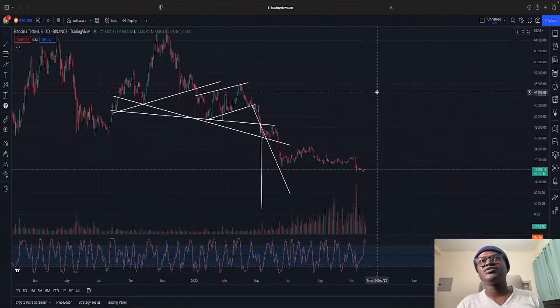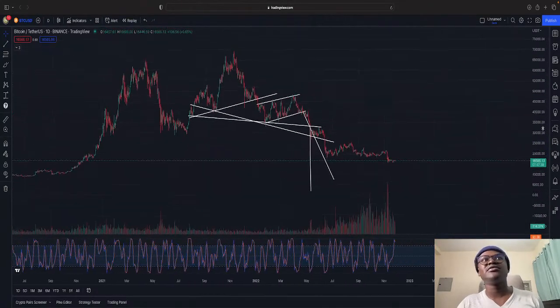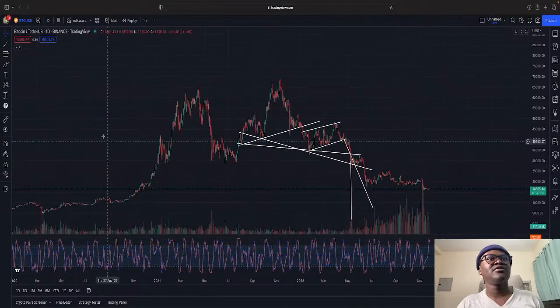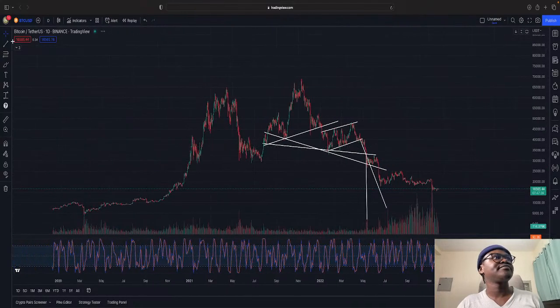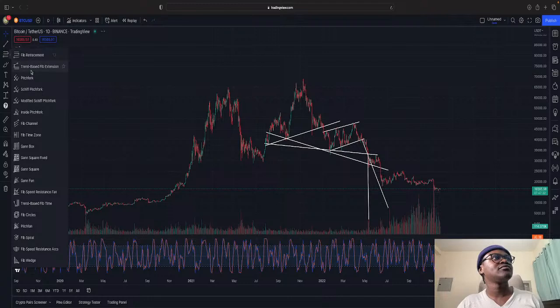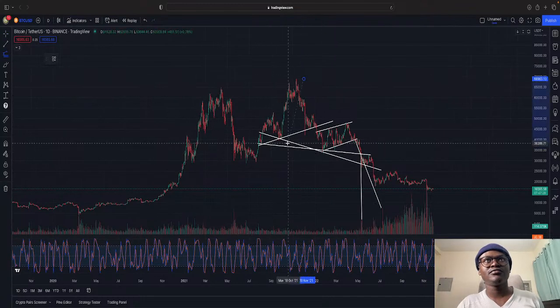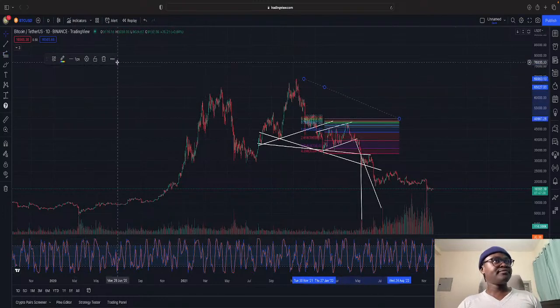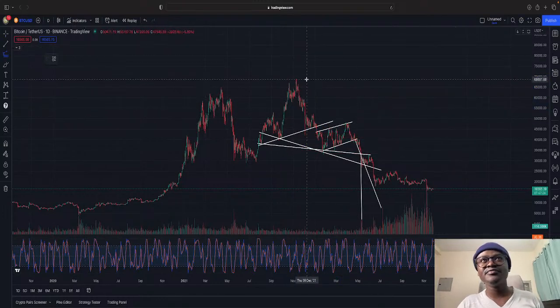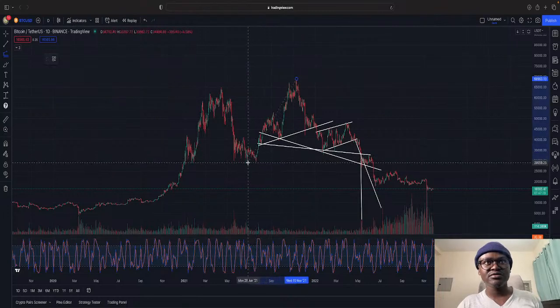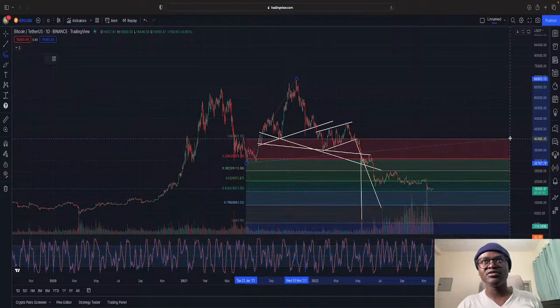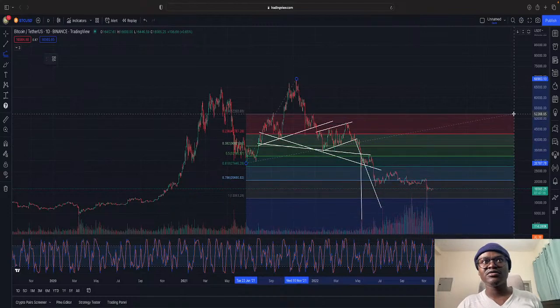And if we are to use the trend-based fib here, we'll be taking this. This will be from here to here to here.